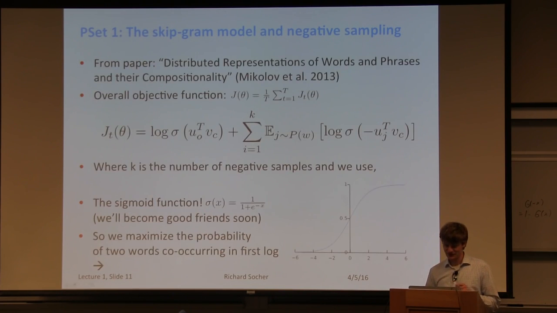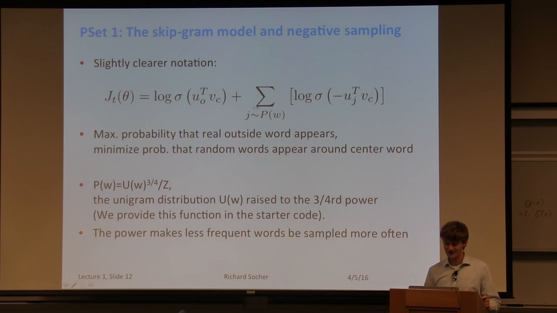Here is just a slightly cleaner notation. Instead of summing over this index and you sum over k and then you sample j, sometimes we just write we sample a couple of j indices from our word distribution, and somebody already asked, is it a uniform distribution? One thing that actually often makes sense is to sample more frequent words also more frequently, and empirically what worked was to take this function where you have the unigram distribution, so just how often does each word appear in general in the corpus, raised to the 3/4 power.